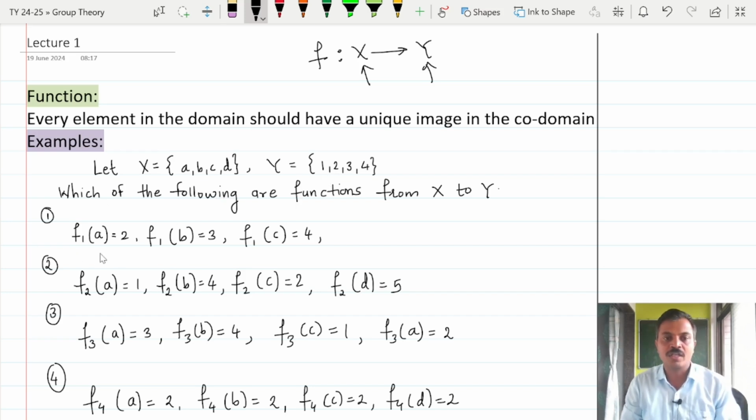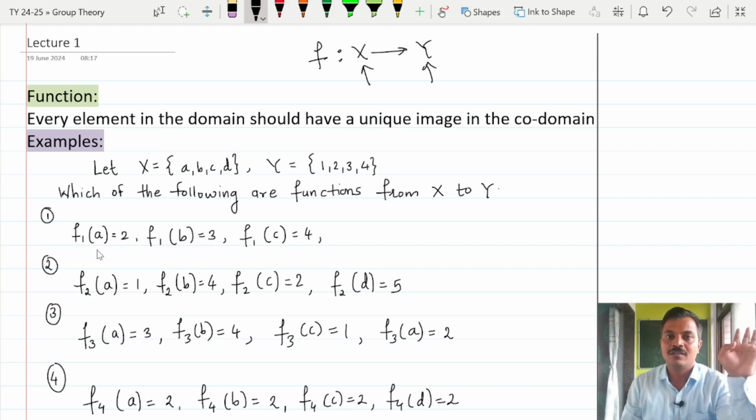So for example, talking about F1, here the image of A is 2. So A has an image. Remember, in the domain we are having 4 elements, that is A, B, C, D, right? So all these 4 should have an image. That image should be unique, and remember that image should be in the codomain as well.